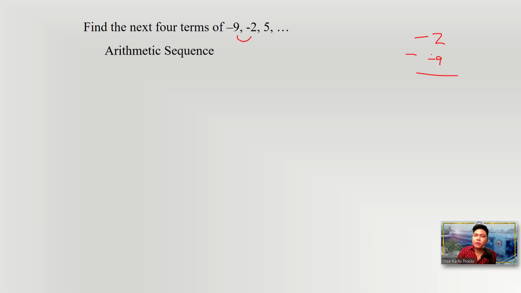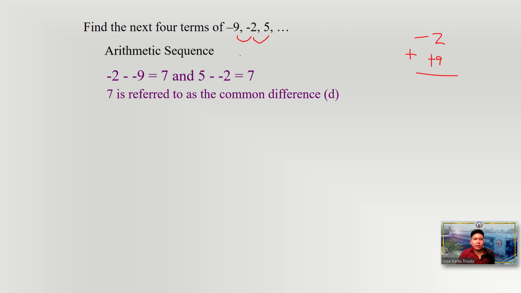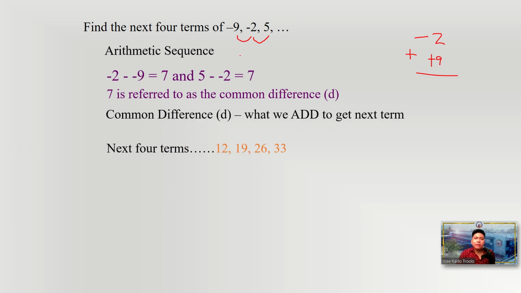Change the subtrahend, plus, and change the operation. That is now positive 7. Is this correct? Positive 7, yes. How about this? 5 minus negative 2, still positive 7. So you have 7 as your common difference. Okay, so we add 5 plus 7, that is 12.